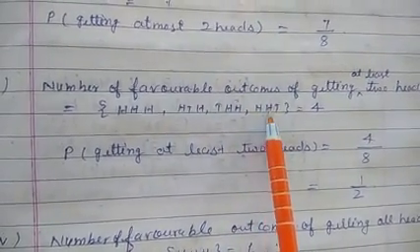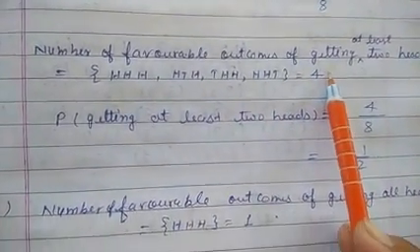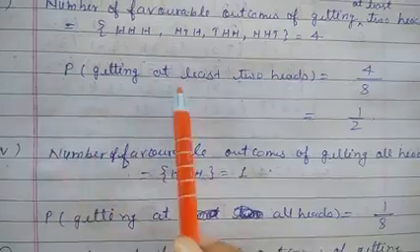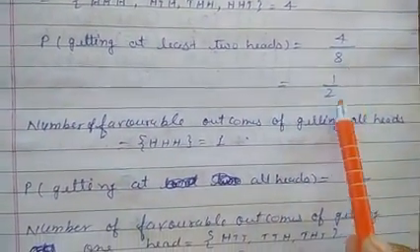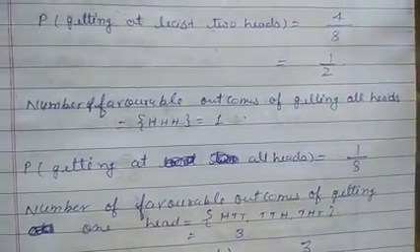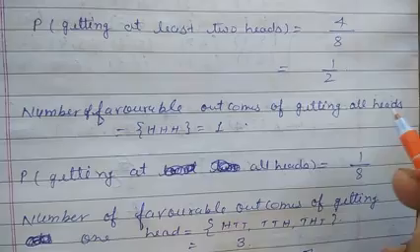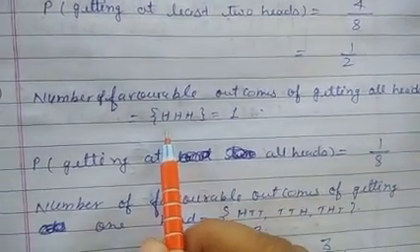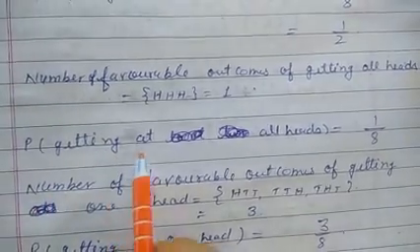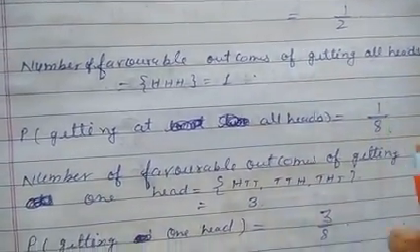The favorable cases are 4. The probability of at least two heads is 4 by 8, which will come 1 by 2. The number of favorable outcomes of getting all heads: only one case is there, so the favorable case is 1. The probability of getting all heads is 1 by 8.